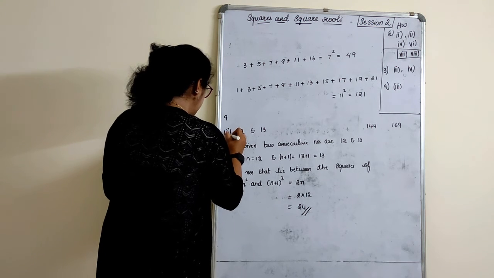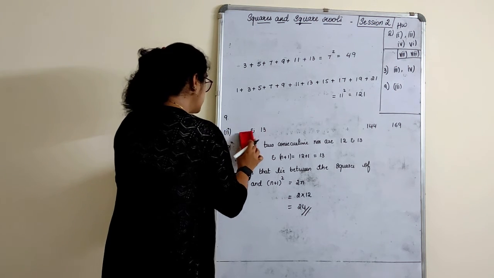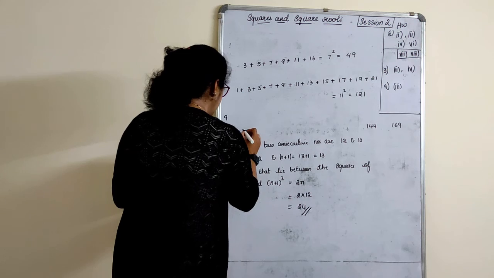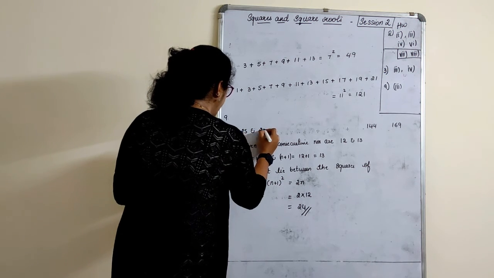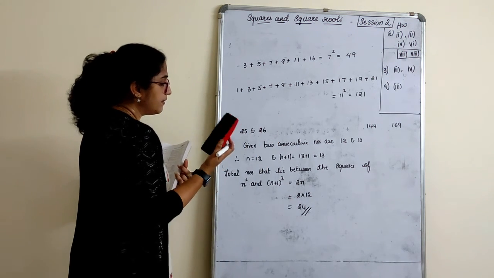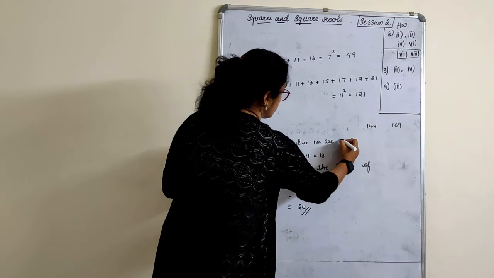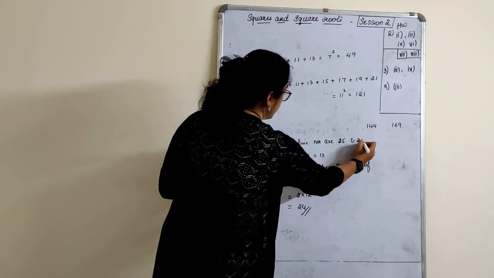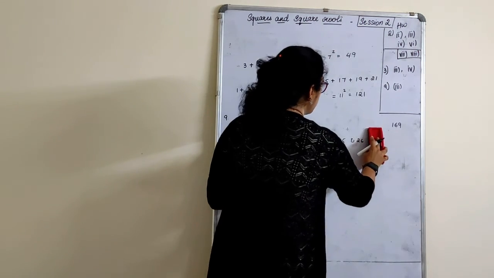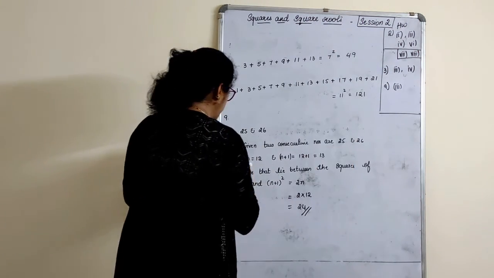So what is the next question? 9th main, second one, the numbers asked are 25 and 26. The given two consecutive numbers are 25 and 26. Always they give you consecutive numbers only. Remember that.